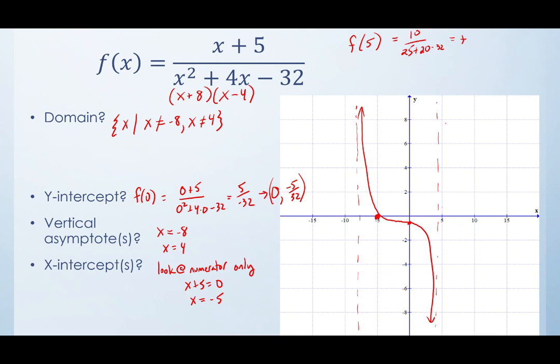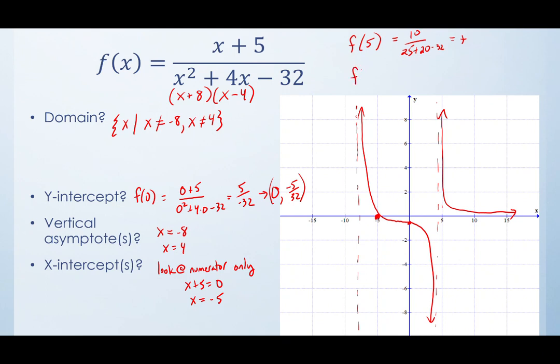We know that we're going to see asymptotic behavior, the function going up to positive infinity or down to negative infinity. We know it's got to be going up to positive infinity because it is positive at x equals 5, and there's no more zeros, so it can't cross the x-axis to get into negative territory. So we know it's got to be doing roughly something like that.